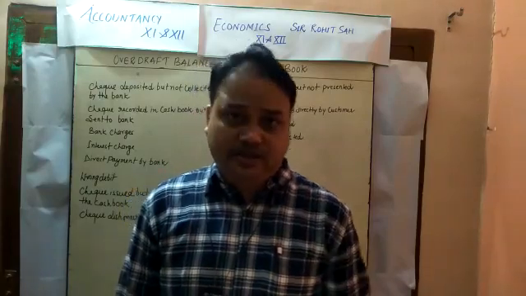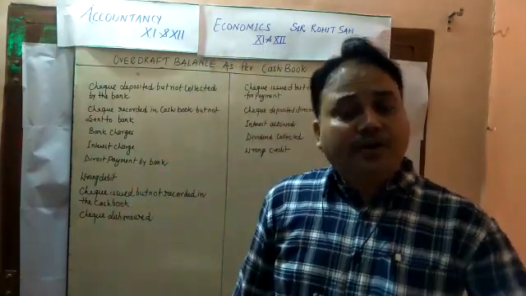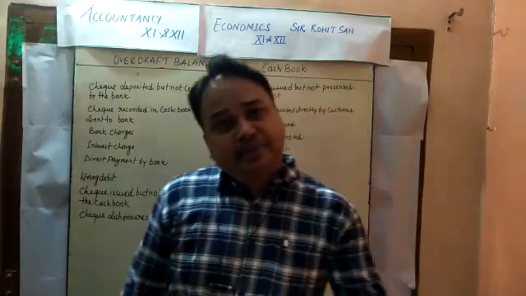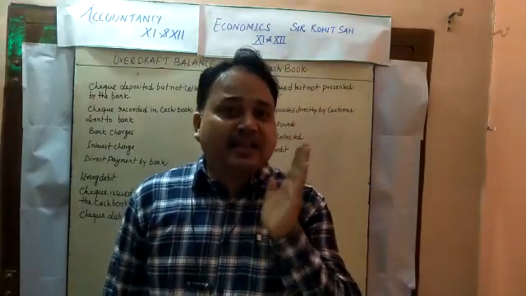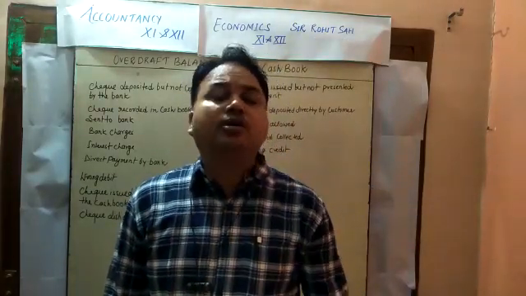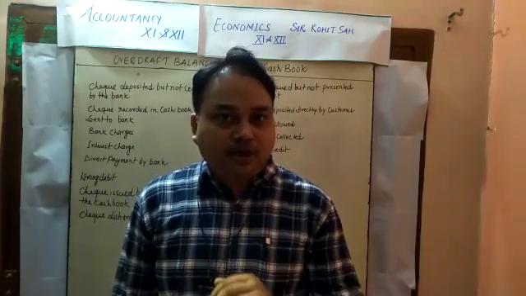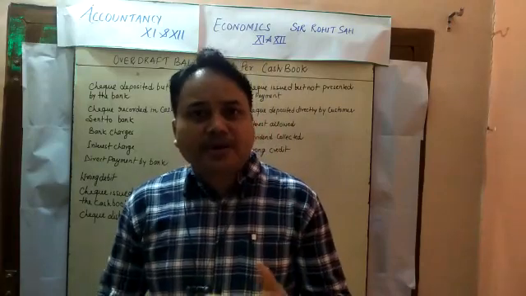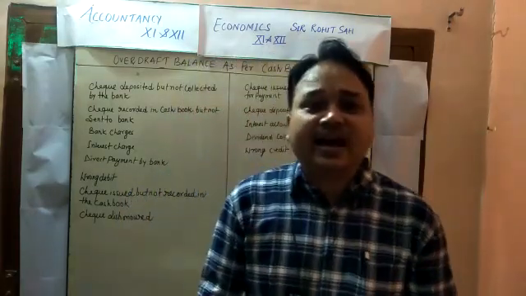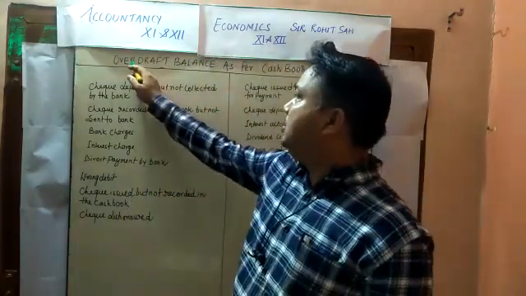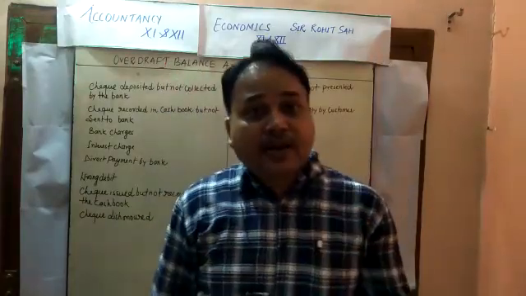How to solve it? First of all, you already know you can begin either from the balance as per cash book, or from the balance as per passbook. So here I am going to begin from the balance as per cash book, but overdraft balance as per cash book.